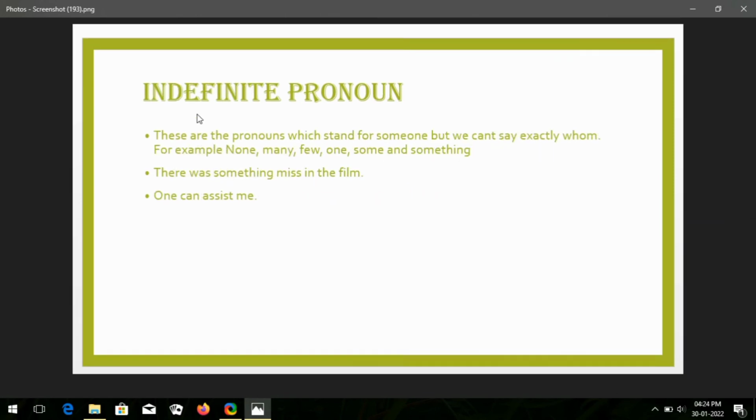And this is the indefinite pronoun. These are the pronouns which stand for someone, but we can't say exactly whom. We don't know exactly who they are. For example, none, many, few, one, some, and something. You can clear your doubts by taking these examples. There was something missing in the film. Here, something is playing the role of an indefinite pronoun.